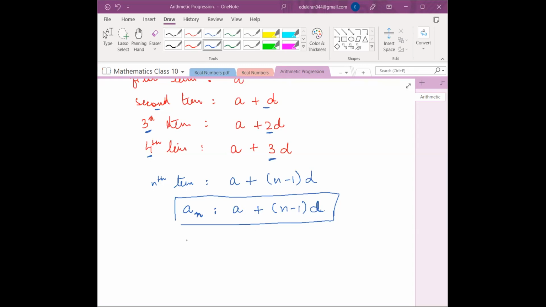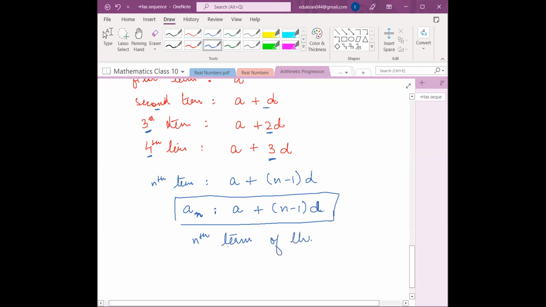This is actually called the nth term of the AP, where A is the first term and D is the common difference.